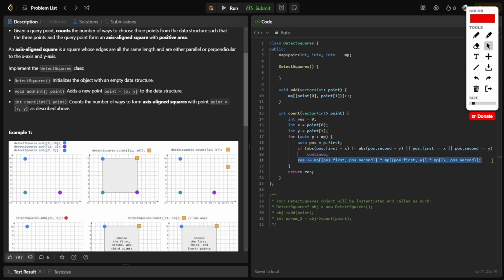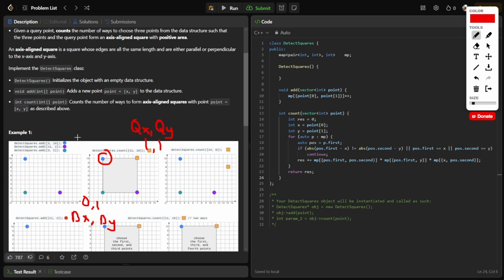here is the part where I talked about the result. I'm just going to query the position first and second times the first y. Remember, let's say this is 1 1, this is 0 1, this is query x, query y, this is data structure dx, and to get this it should be x y.